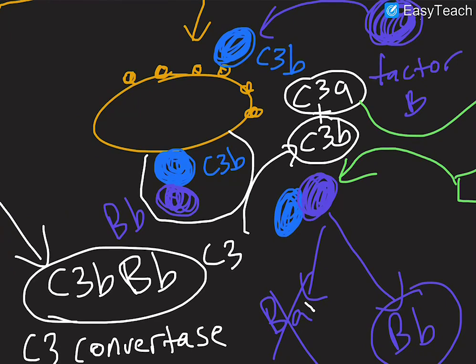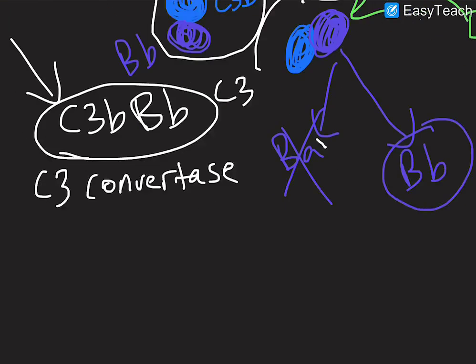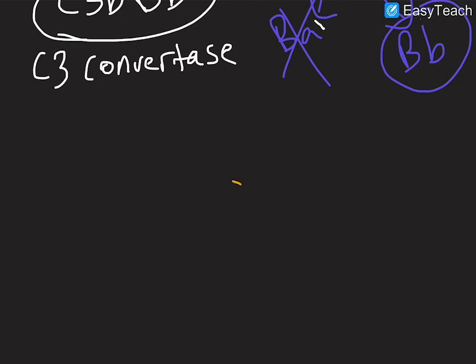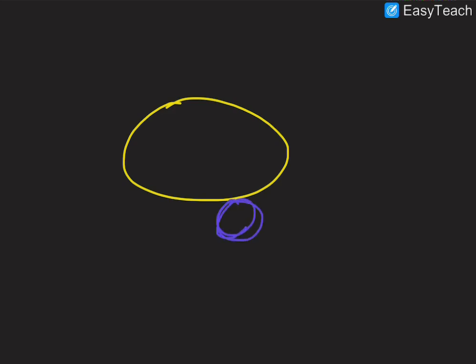So that's basically how C3 convertase gets formed. So let's go down and draw that. We have our pathogen cell surface, and we said we have our C3 convertase, which was C3b Bb. So remember we had C3b, and then remember we had factor B, then factor D came in and cleaved B into Bb.